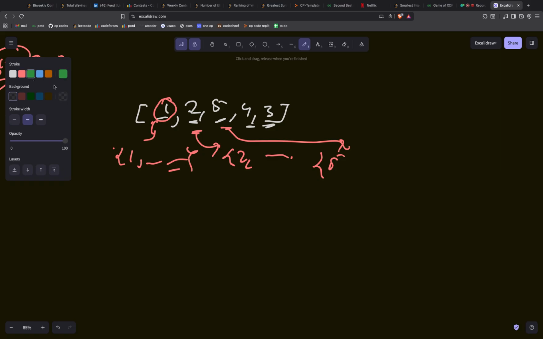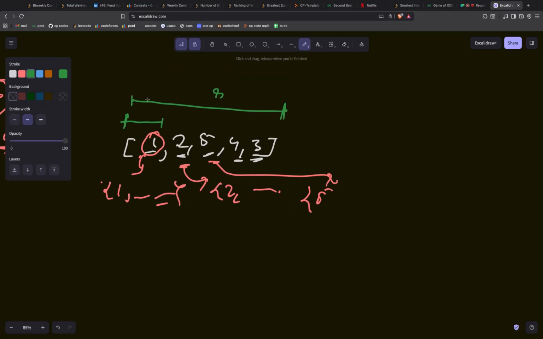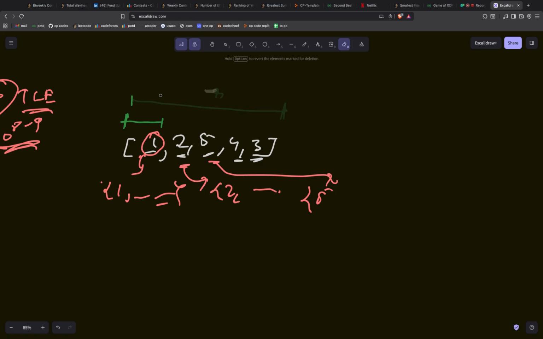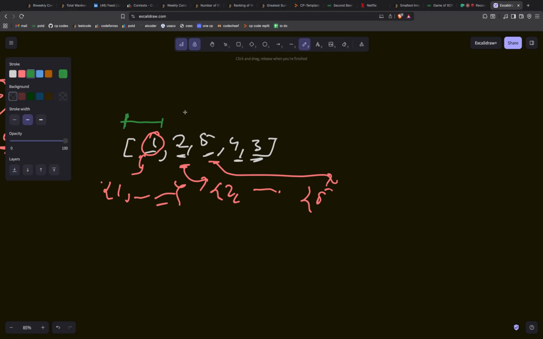For 1 to occur in a subarray, the starting of my subarray has to be before 1, so starting has to be in this part, and the ending has to be after this.